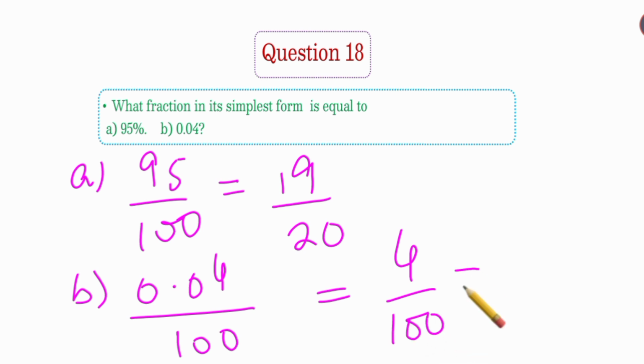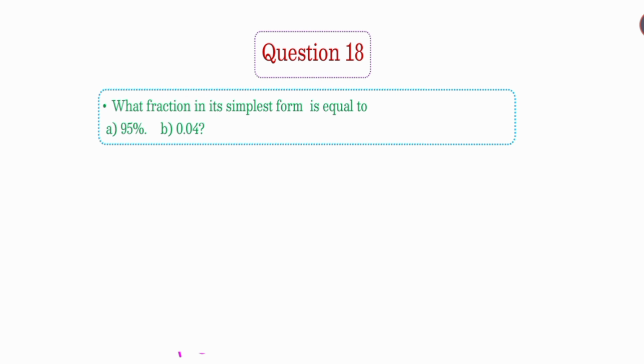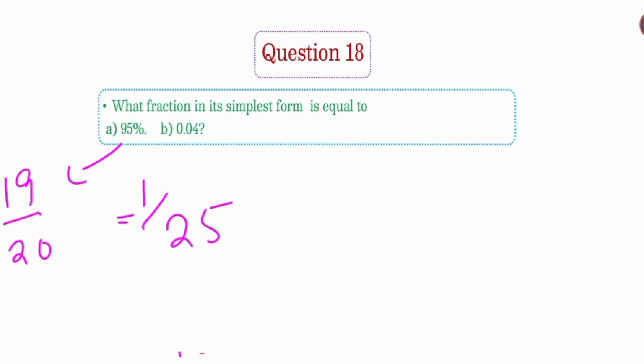Now I can simplify it. If I divide 4 by 2 and 100 by 2, we get 2 over 50. Further, I can simplify it and we can get 1 over 25. So the answer to A was 19 over 20, and the answer to B is 1 over 25.